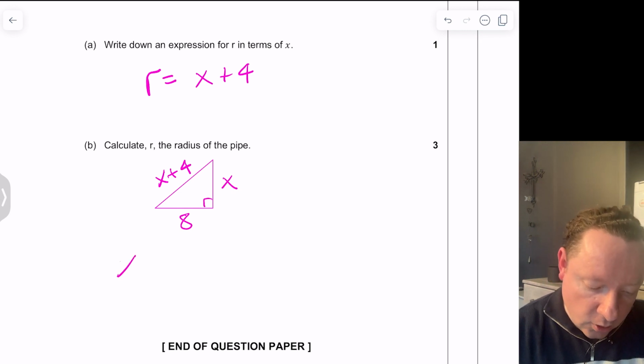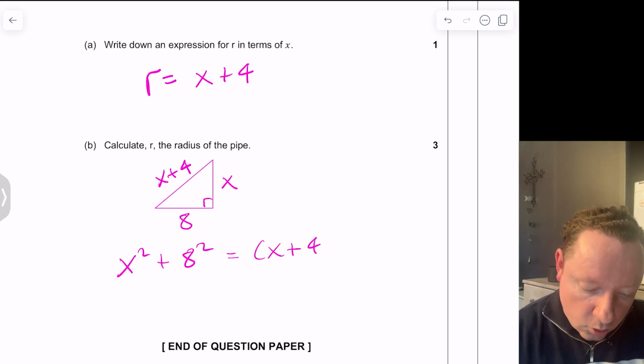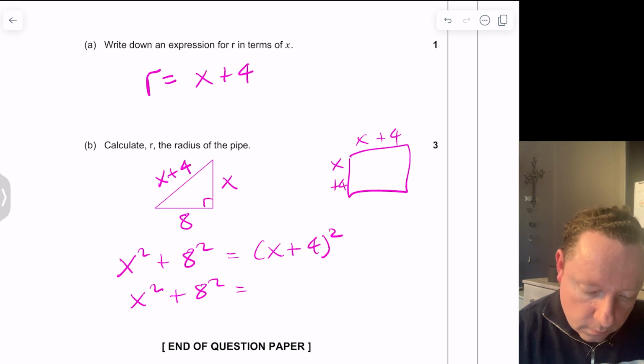I know I've got x squared plus 8 squared, and that equals x plus 4 all squared. That's x squared plus 8 squared equals, expand the bracket, x plus 4 and x plus 4: x squared, 4x, 4x, 16. x squared plus 8x plus 16.